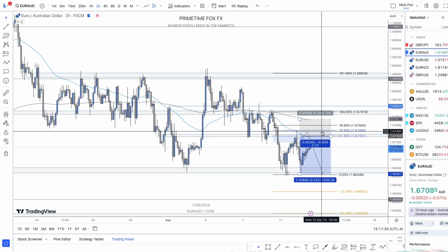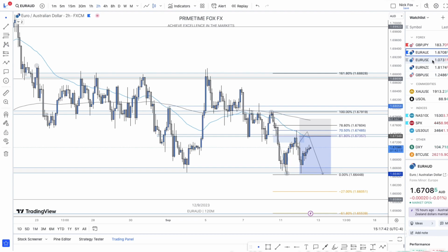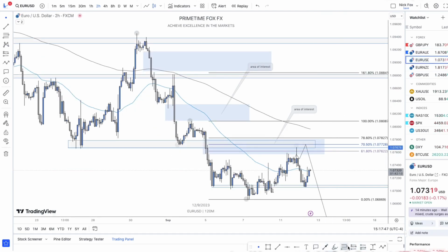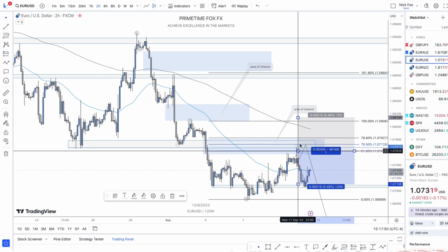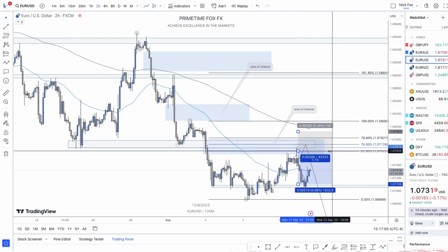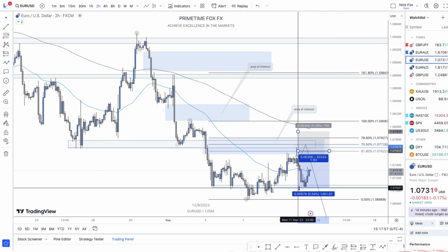If you want to analyze the risk to reward, this is going to be a 1 to 2.23 risk to reward. And then if you wanted to do a risk to reward on this, let's take the short position out, 61.8. Stop loss above that 78.6 level right here.